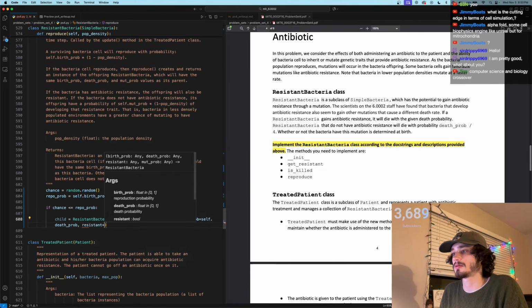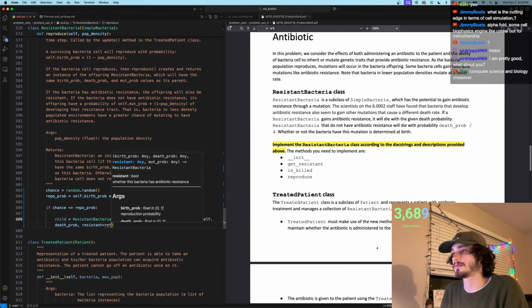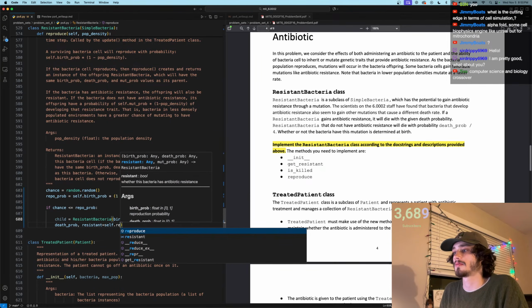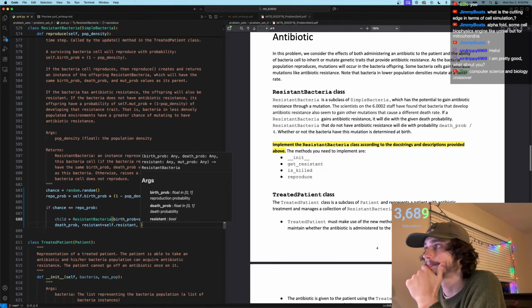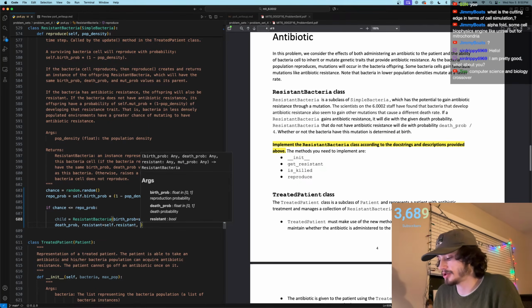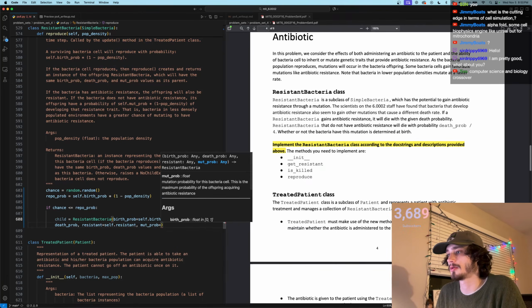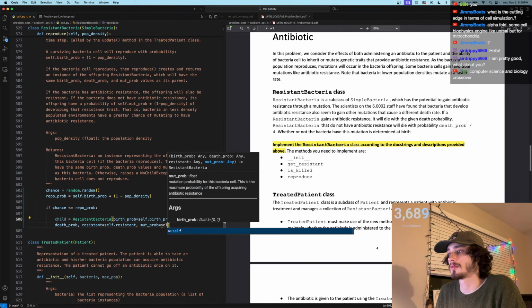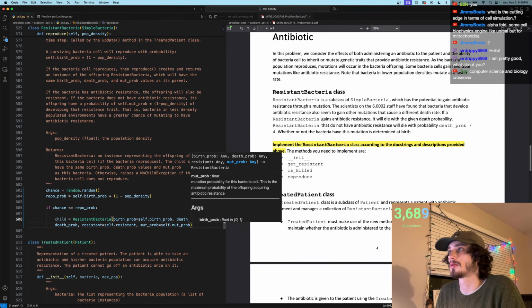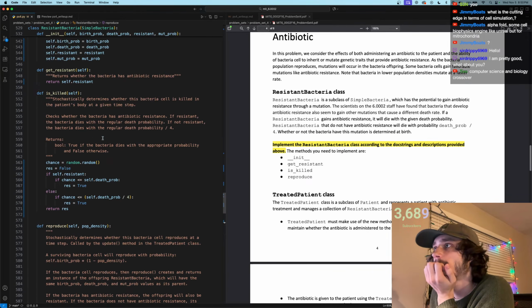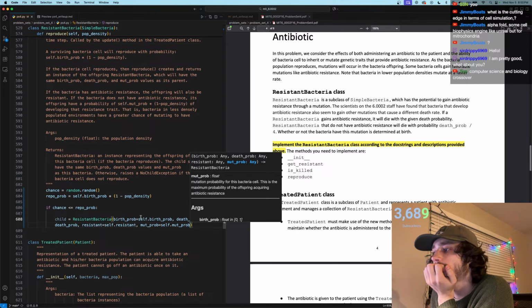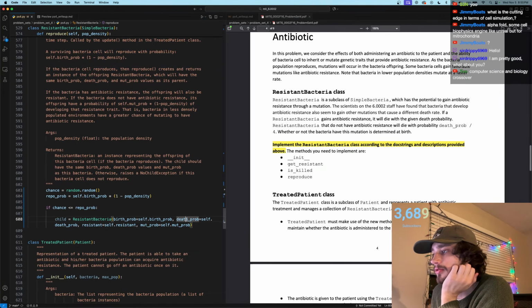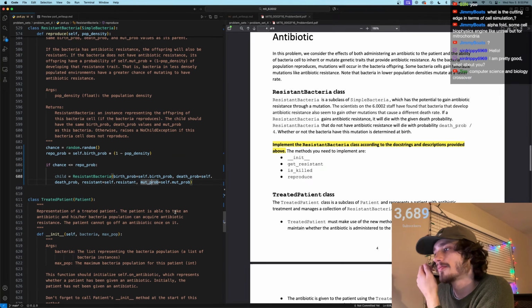Resistant. So we have to do something with this one, right? And then mutation probability. Right. So birth, death, resistant, and mutation, those 4 attributes. 1, 2, 3, and 4. Perfect. Okay.